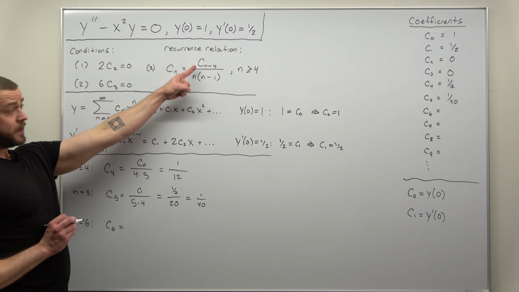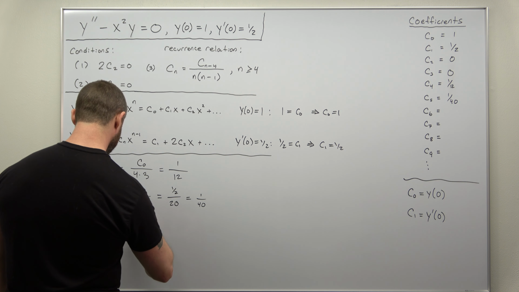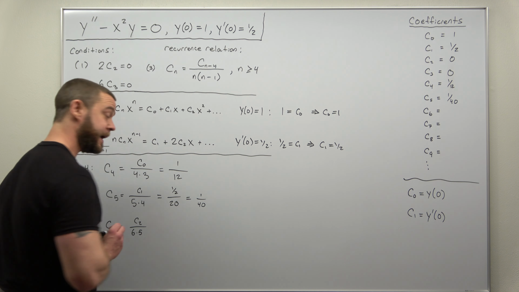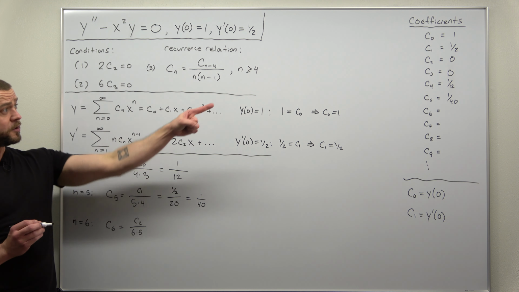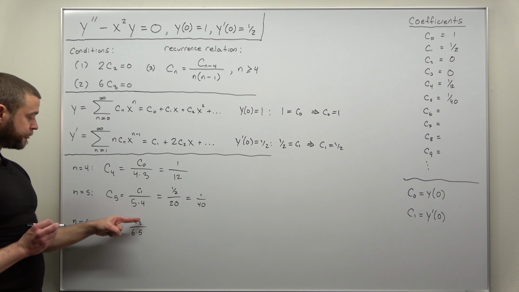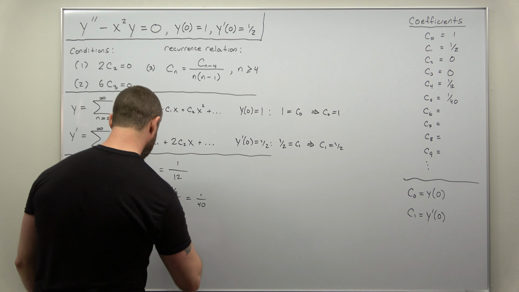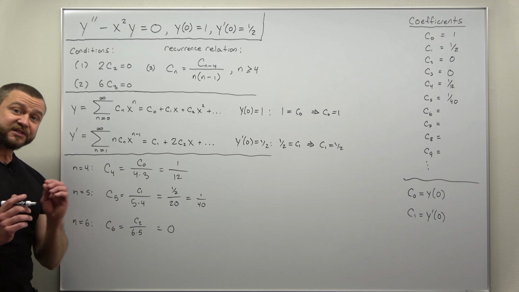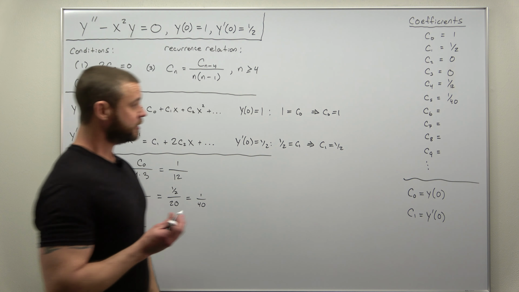And now when you plug that in here, you get c sub 2 divided by 6 times 5. We know the value for c sub 2 as 0. Plug that in. That now gives c sub 6 as 0. So we can put that in our list.